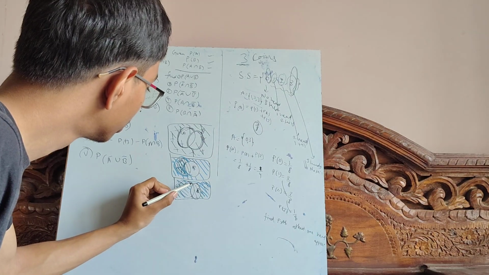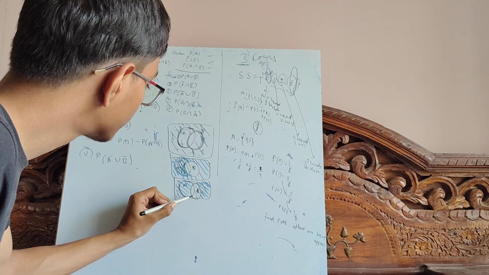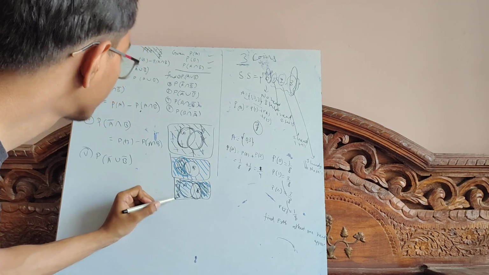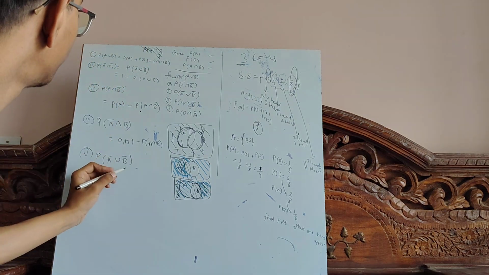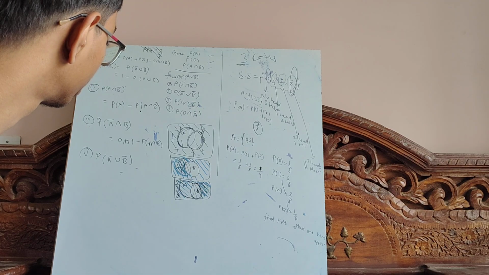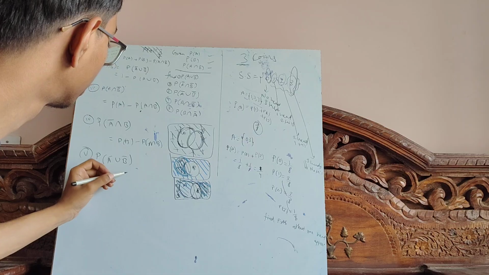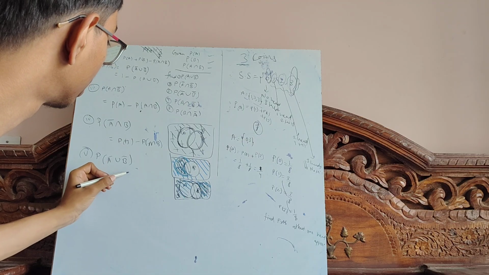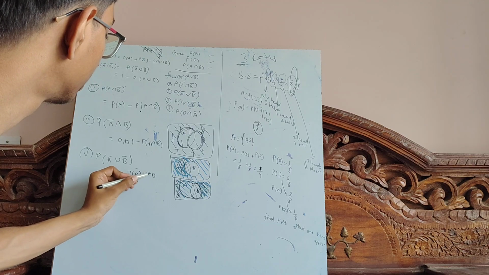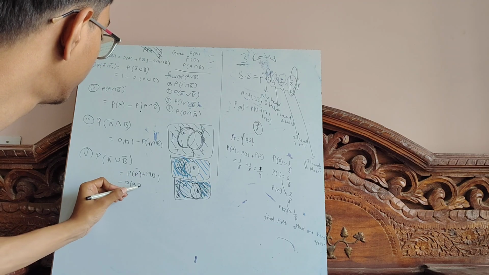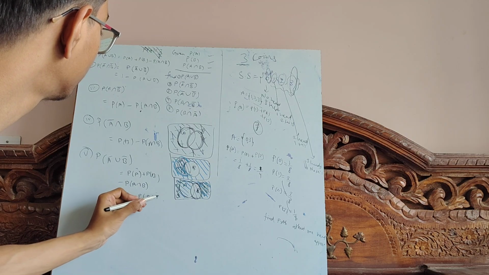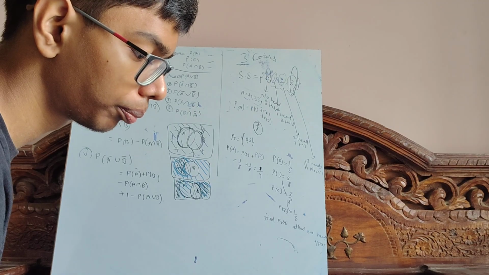So this area you can see is the complete union, right? So first I will write this one. This area will be, simply I will write P of A plus P of B minus P of A intersection B plus 1 minus P of A union B, right?